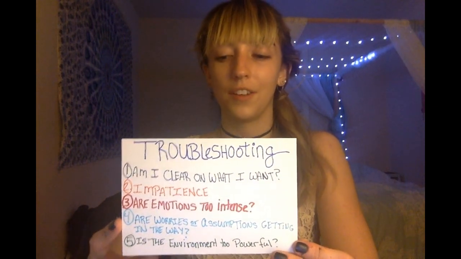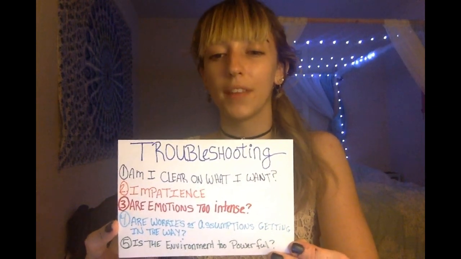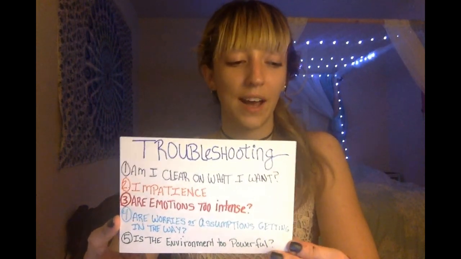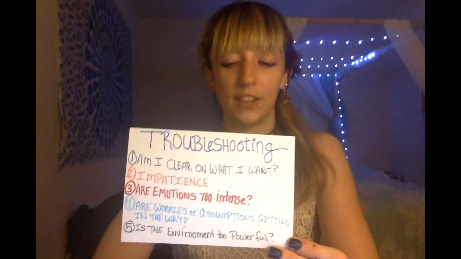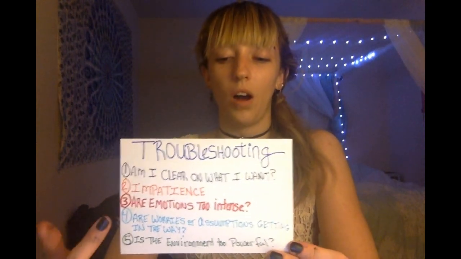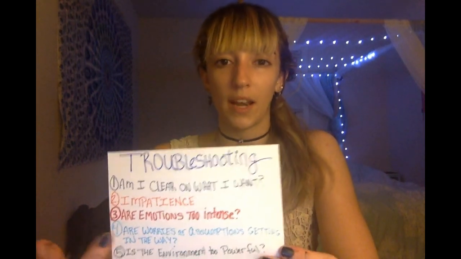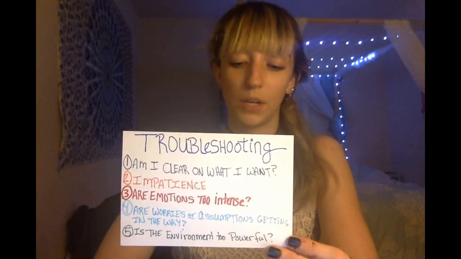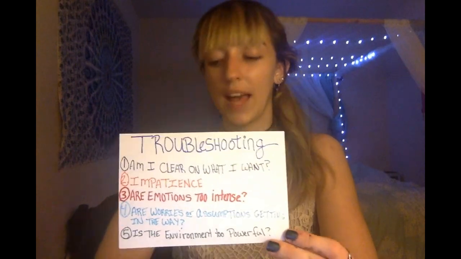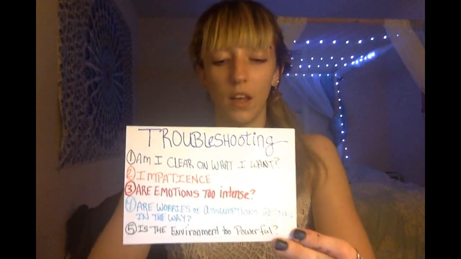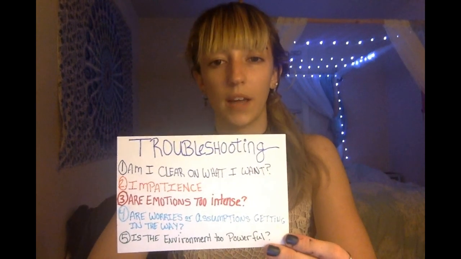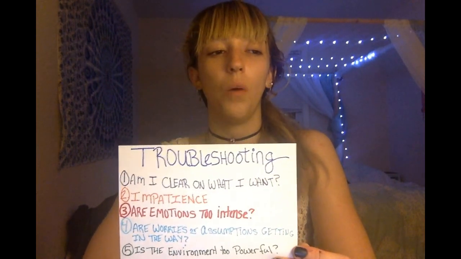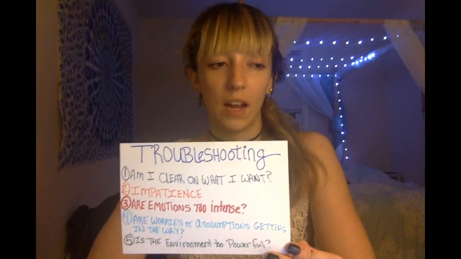The fourth, and I think one of the bigger things, especially in the FAST skill, if you're asking for help or declining help in a way that you want to maintain your self-respect, is: are there worries or assumptions that are getting in the way of the skill working or of the way you're approaching it? So again, that's kind of the thought of like, oh, if I say no, she'll never talk to me again. That would be a misassumption. Or, well, if I say I can't help someone, then I'm weak.